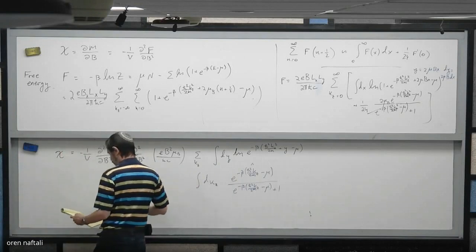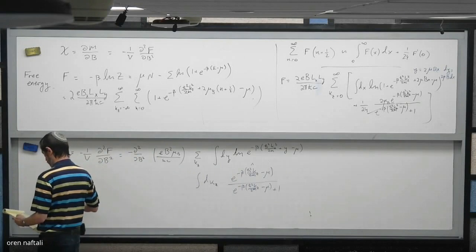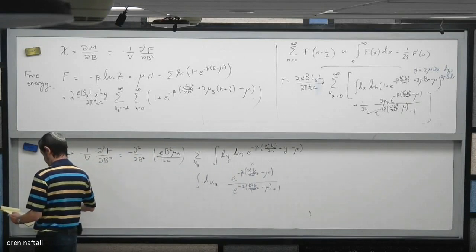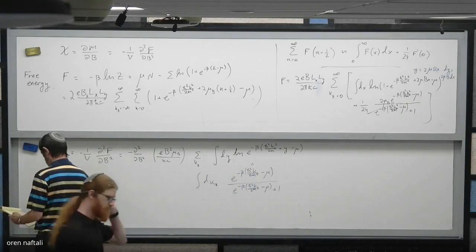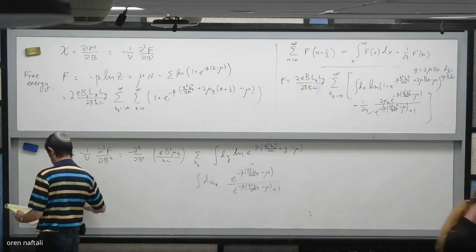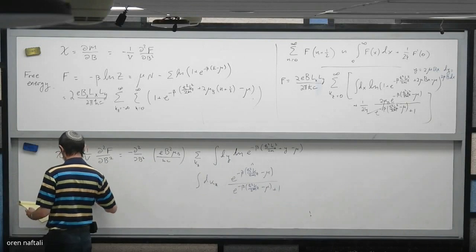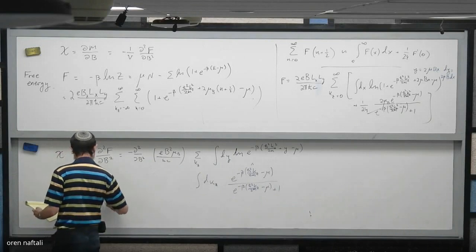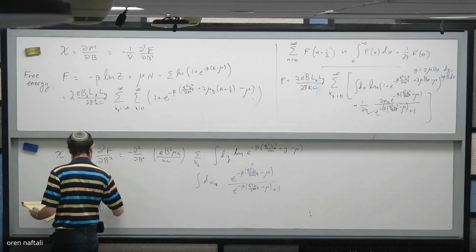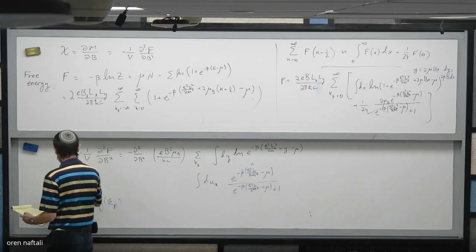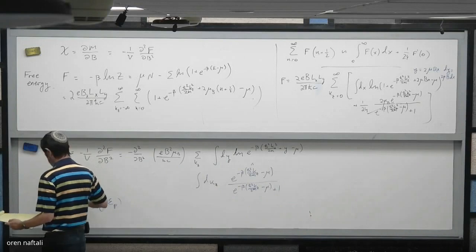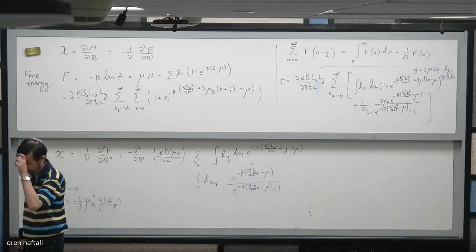And if I do it, I end up with phi equal to this, as long as I assume that T is close to 0.